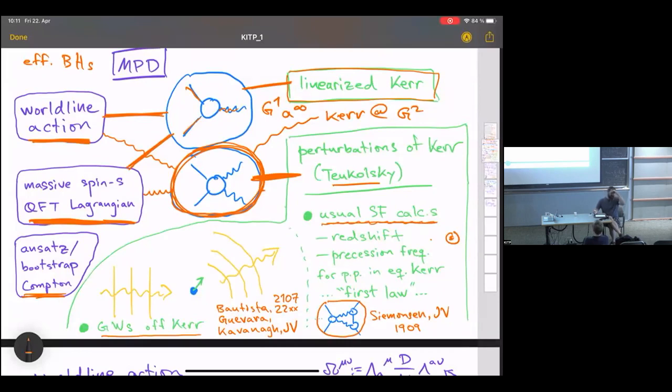For example, they compute the so-called redshift invariant and the precession frequency invariant for a small particle in an orbit in the equatorial plane of a background Kerr spacetime. And there was a paper here where we looked at comparing, via this magical first law of spinning binary mechanics, predictions from amplitudes with these self-force calculations. Again, but that's at the level of this two black hole process.